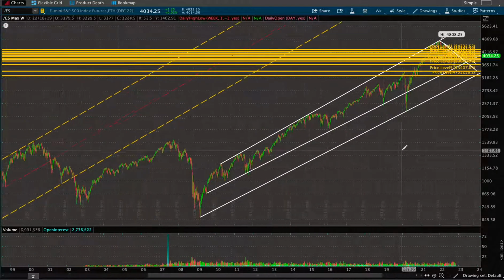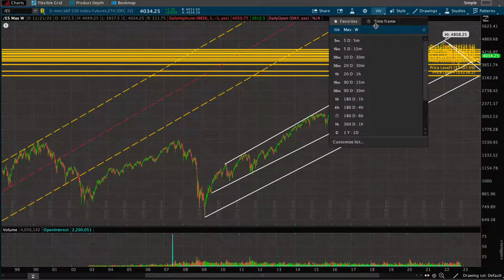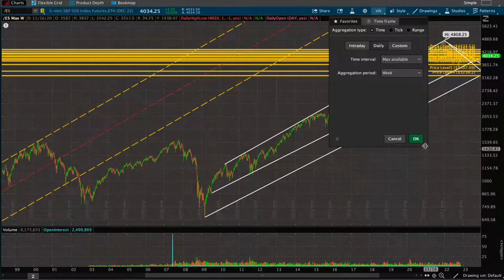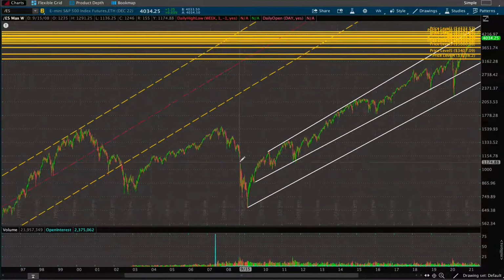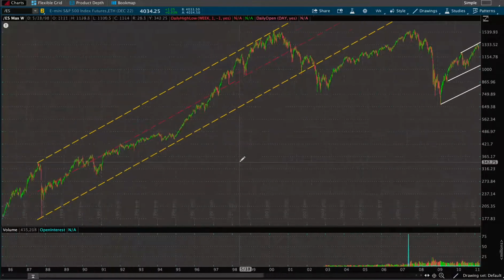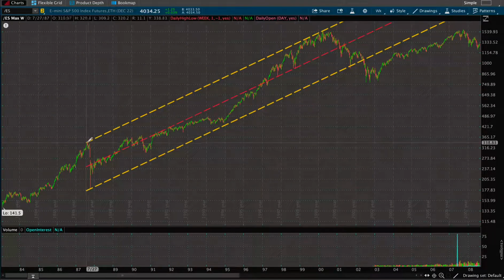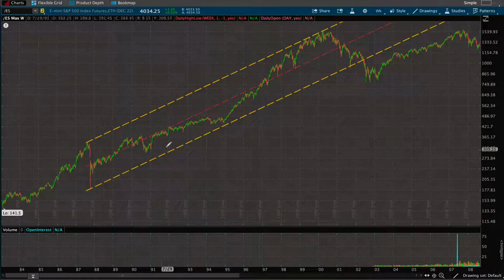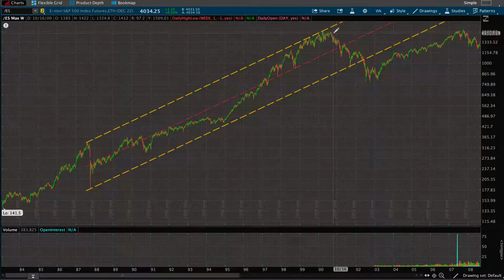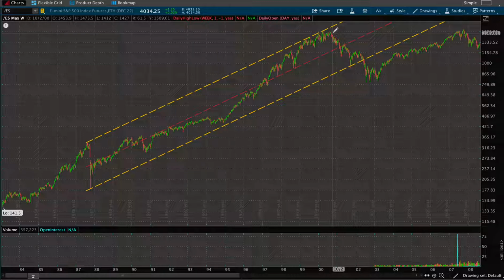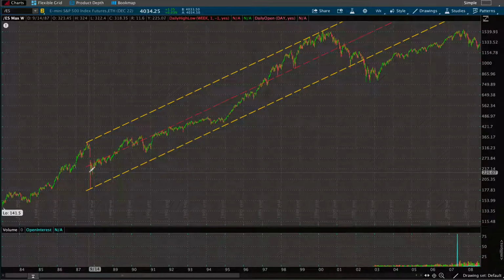But if we look at something very interesting, and we scroll out all the way to the 1987 meltdown, and then look at that bull run, which lasted till the dot-com burst, you could see pretty similar patterns here.